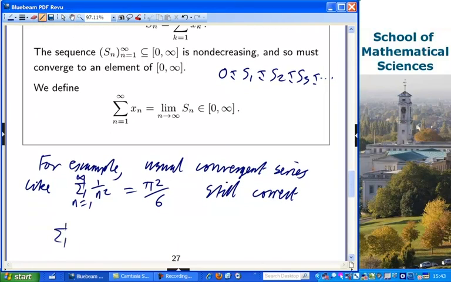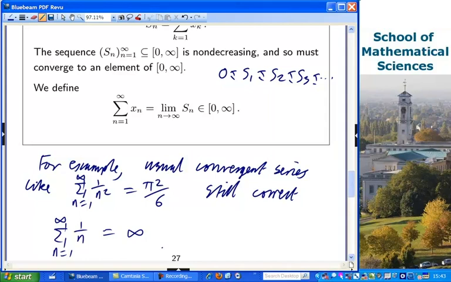The sum from n equals 1 to infinity of 1 over n, the harmonic series, is now infinity, as it was before, but it used to be a divergent series of real numbers. It's now, if you like, a convergent series of extended real numbers. Perhaps it's better to still think of it as a divergent series of extended real numbers whose sum is evaluated as plus infinity when you sum the series in the extended real numbers.